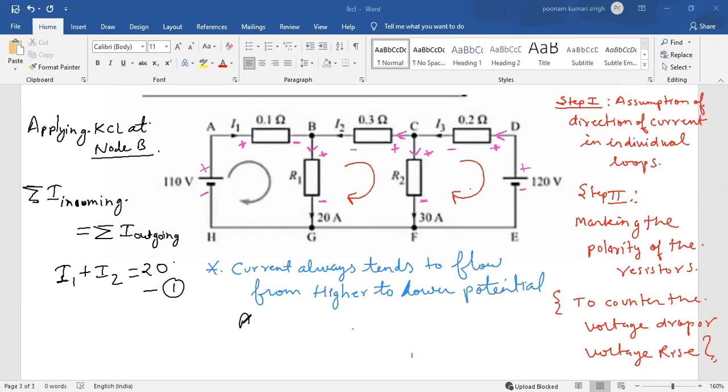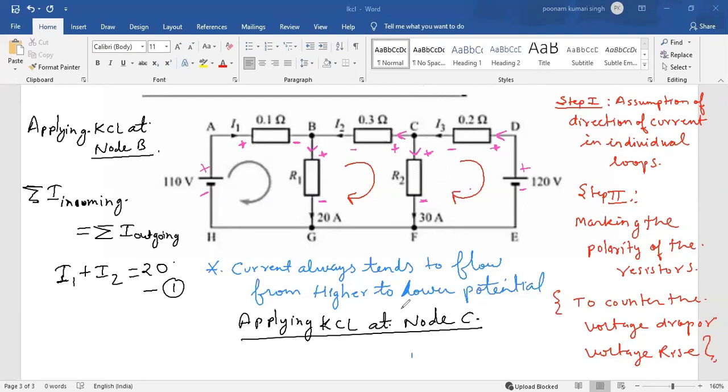Let's talk about applying KCL at node C. Somebody else, Nishtha Jain, can you tell me what is the incoming current at node C?